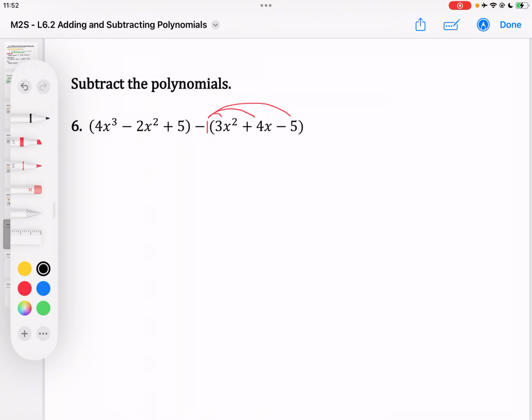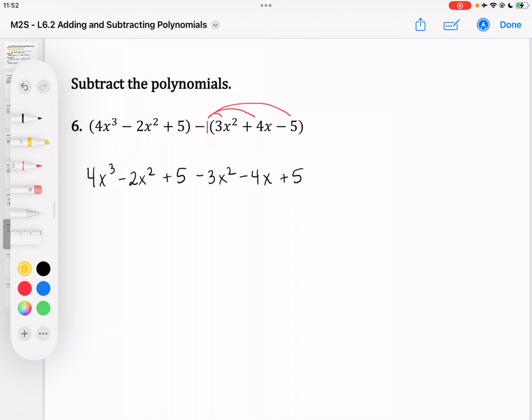So once again, I'm going to rewrite the first one. So 4x cubed minus 2x squared plus 5. Notice nothing changed. And then all you're really doing in the second one is you're switching signs. So this is -3x squared minus 4x, and the -1 times -5 switches to a positive 5.